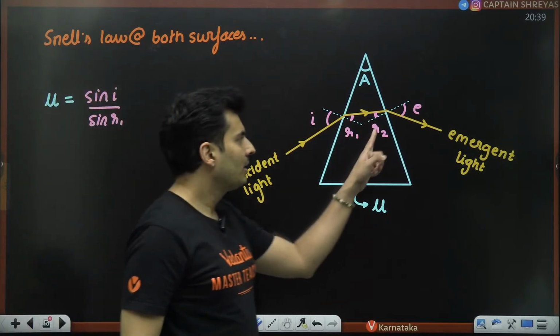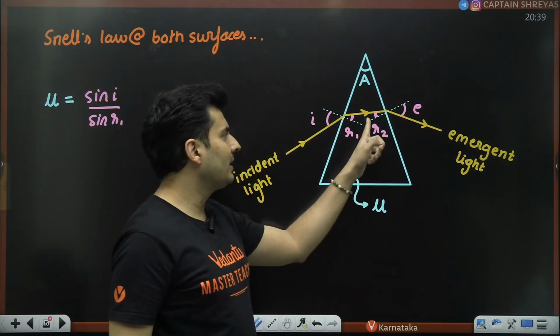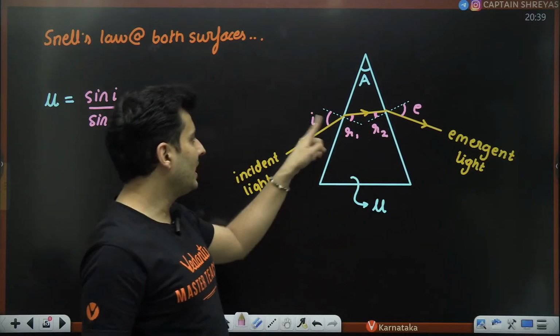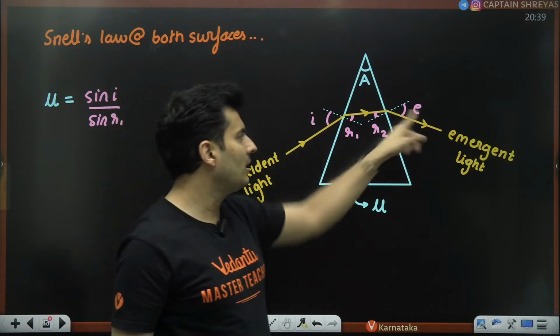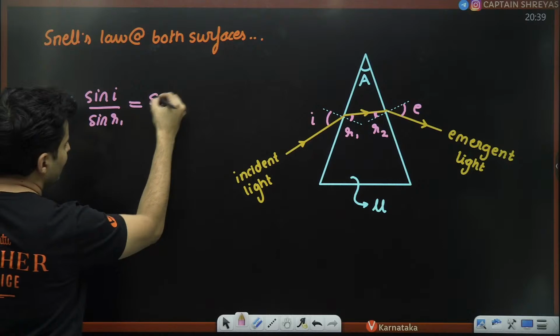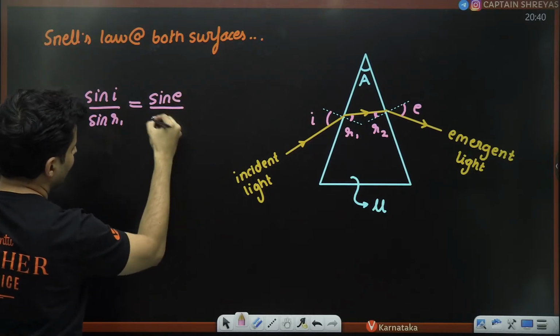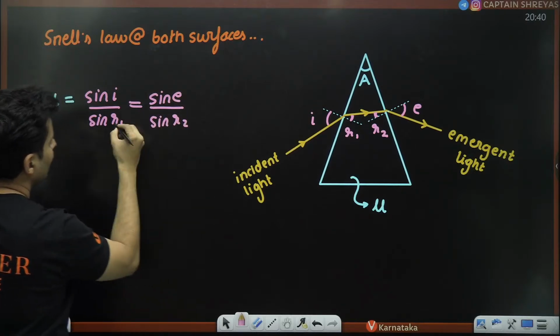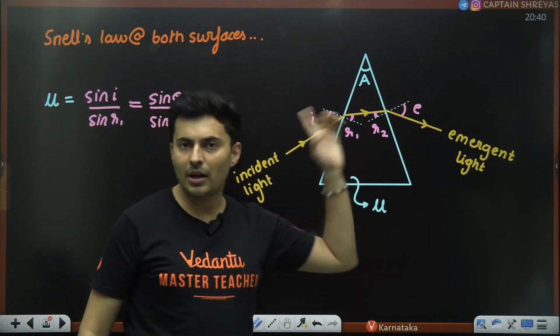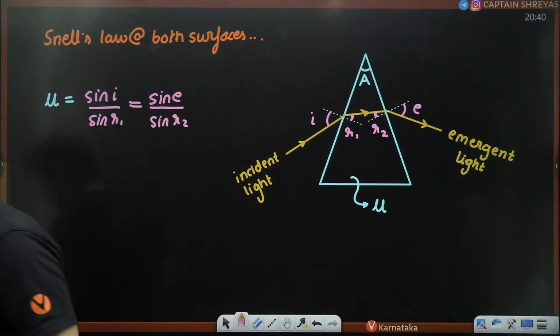That is one way. But over here, don't write this as the incident angle because this is inside the denser medium. So sin i by sin r, rare by dense. So here also I should go rare by dense. So that's why it should be sine of emergent angle by sine of R2. This is in the denser, this is in the rarer medium. I hope this distinction is clear.